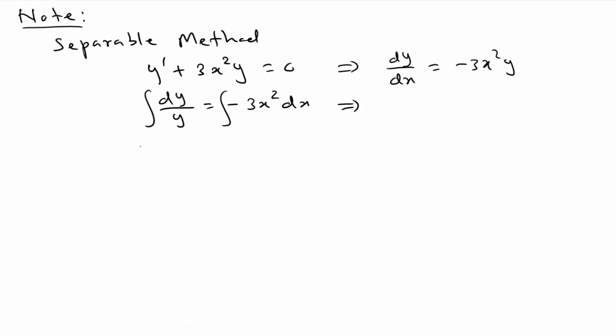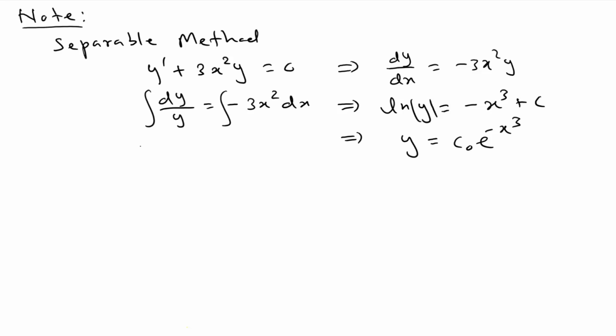Once we do that, you can see this is ln absolute y equals negative x cubed plus c, and this implies that y equals c0 e to the negative x cubed, where that c0 is not the same c0. So that's exactly the same solution.